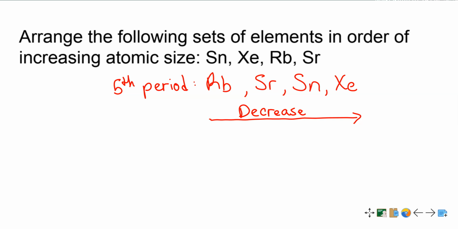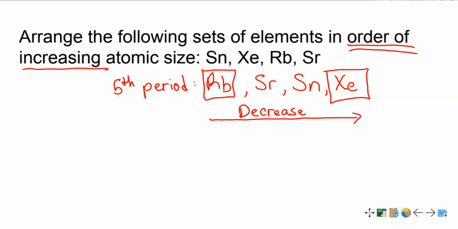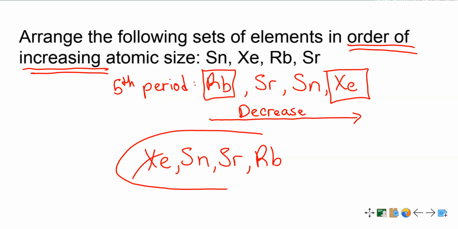That means xenon is smallest, but rubidium is largest. So to put them in order of increasing size, we go xenon, tin, strontium, and rubidium. And that's our final answer.